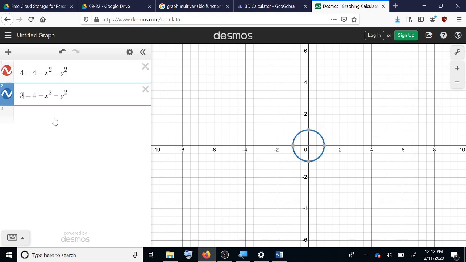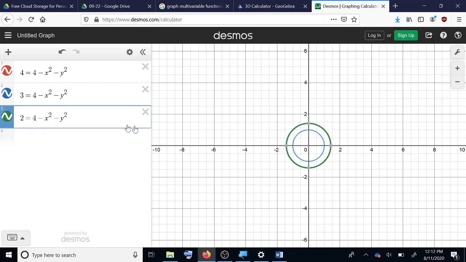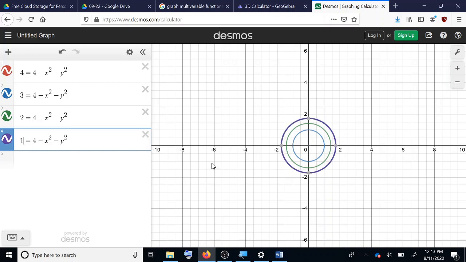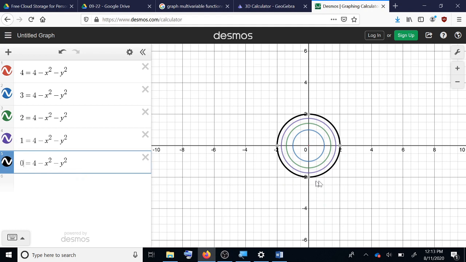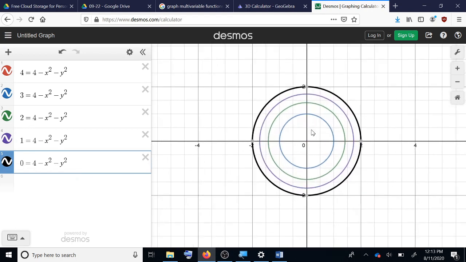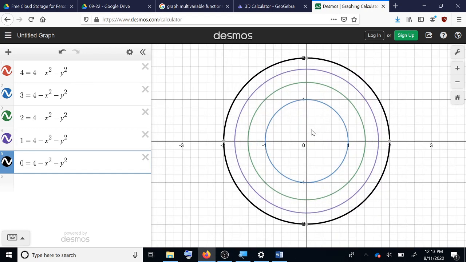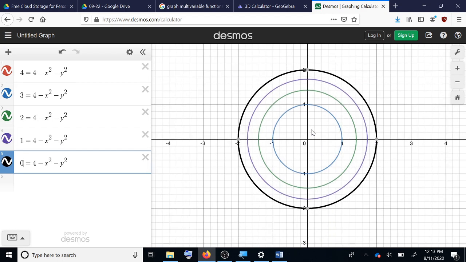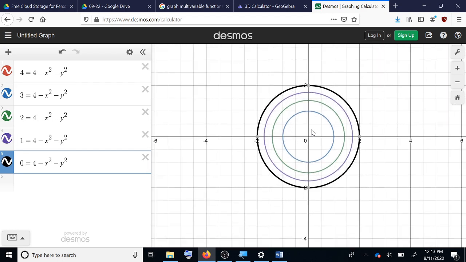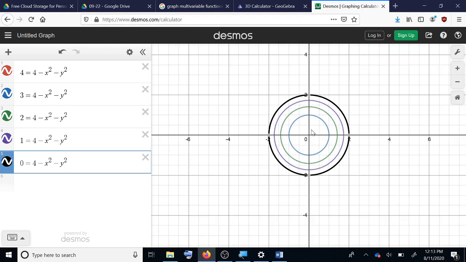We can get the level curve corresponding to z equals 3, corresponding to z equals 2, corresponding to z equals 1, corresponding to z equals 0. And this graph might be slightly more informative than the one that we made by hand, because I think it's a little bit easier to see on Desmos that as we are moving away from the center of the circle, the level curves are getting closer together little by little.